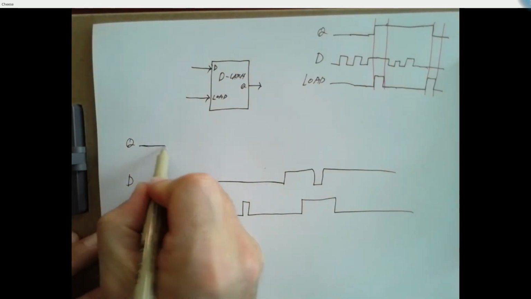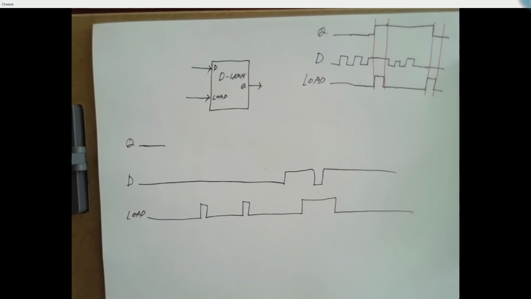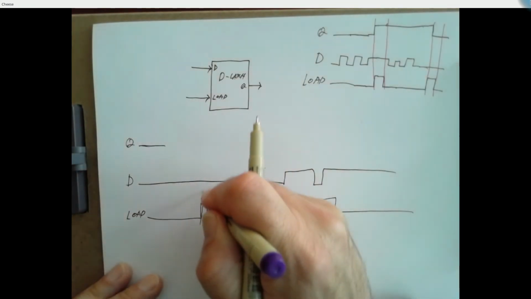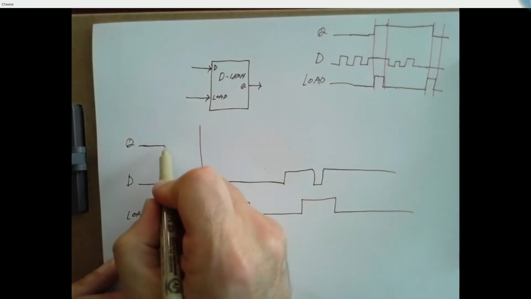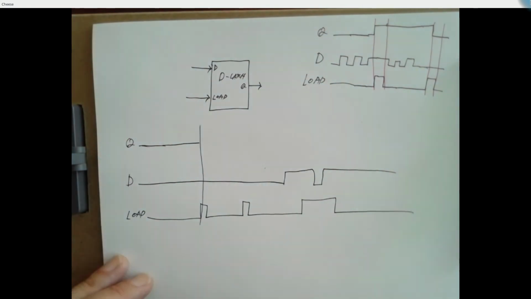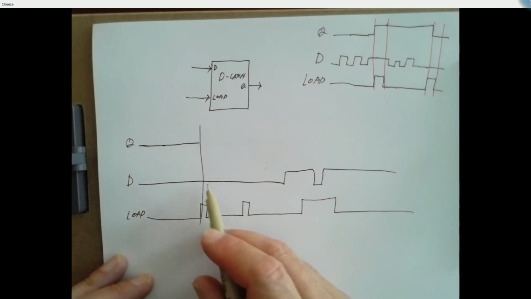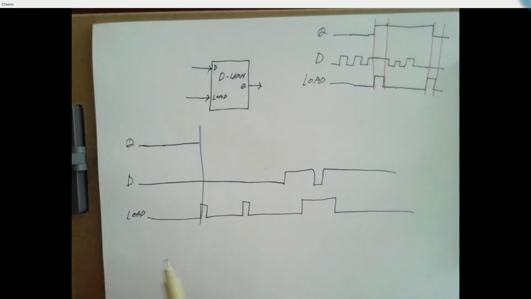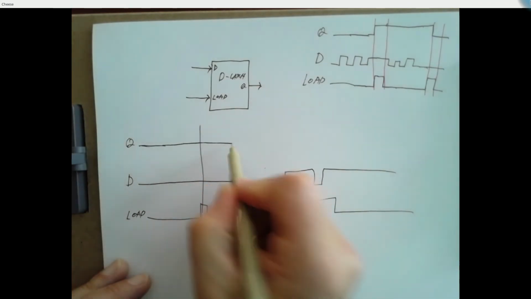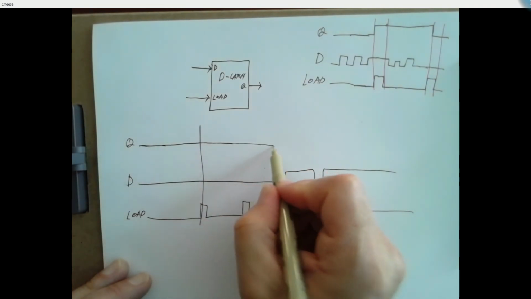All right, so all the way over to here, the load line is low. So Q is just going to stay at its current value, which happens to be low. Here, the load line goes high. It looks at D. D is a 0. So Q is going to stay at 0. They both have to be up. And same thing here.